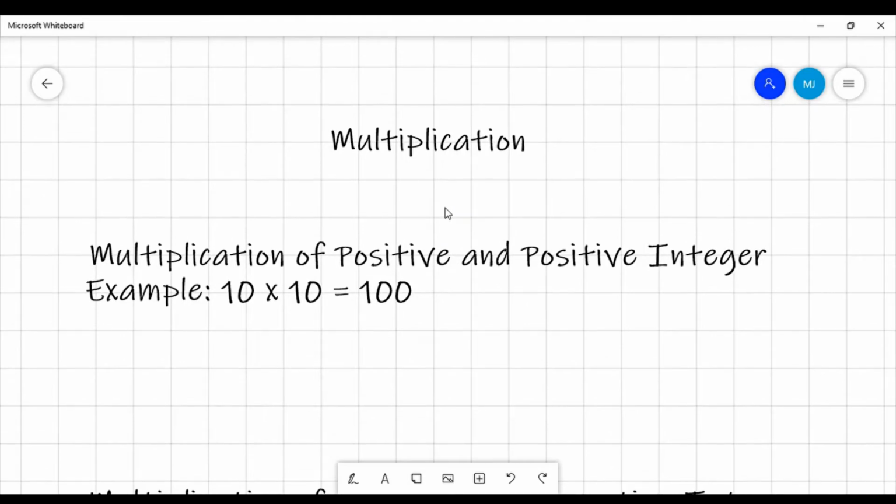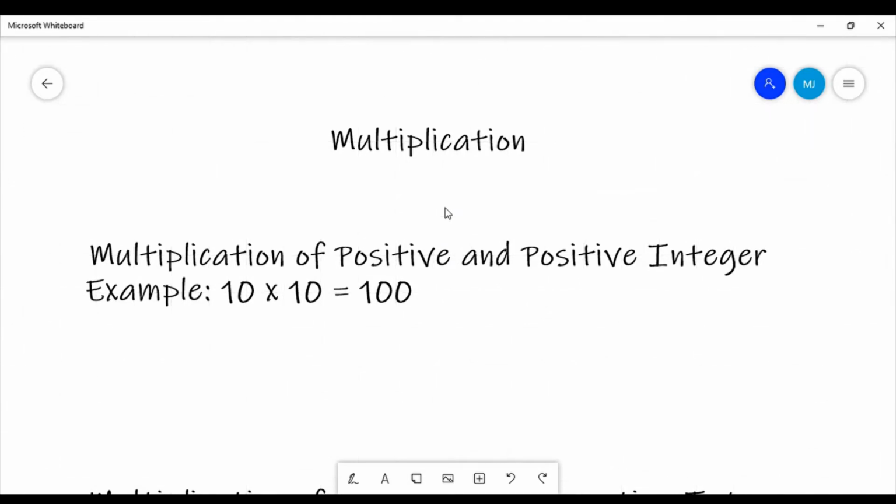So first, these are the things na kailangan nating tandaan. Una, multiplication of positive and positive integers. When we multiply positive and positive integers, ito lamang po yung kailangan nating tandaan.